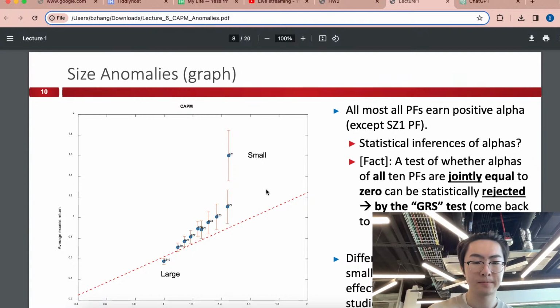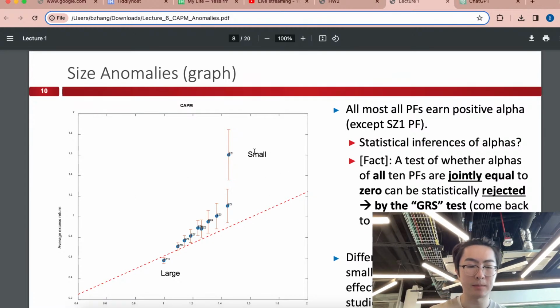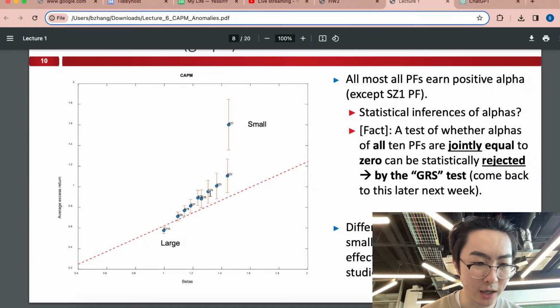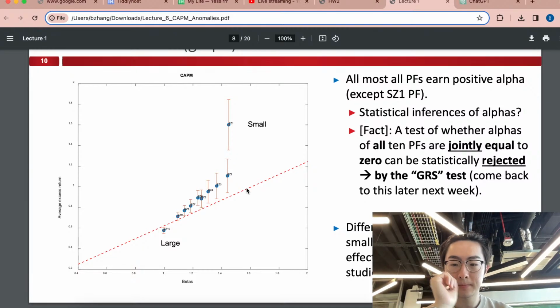Okay. So I'm assuming it's something like this, where each dot represents the average excess returns.